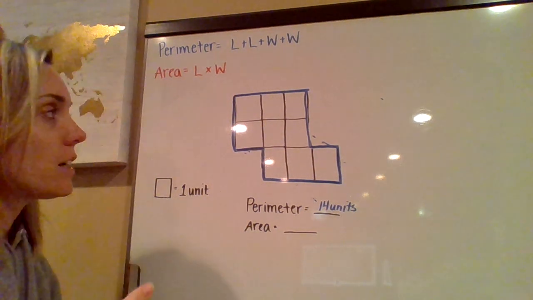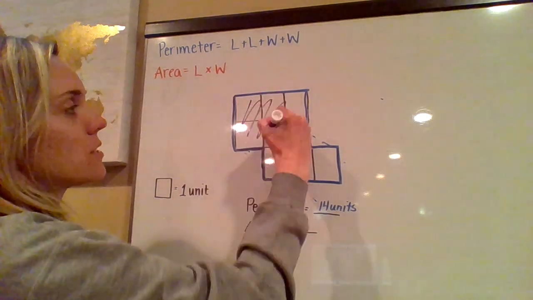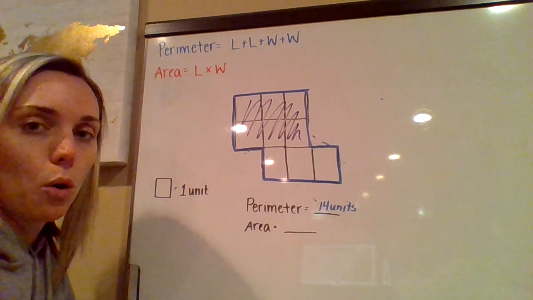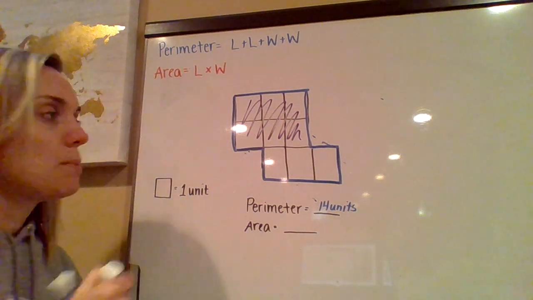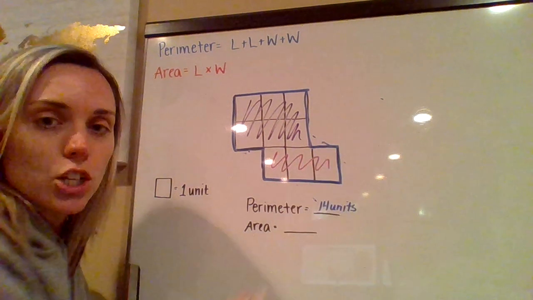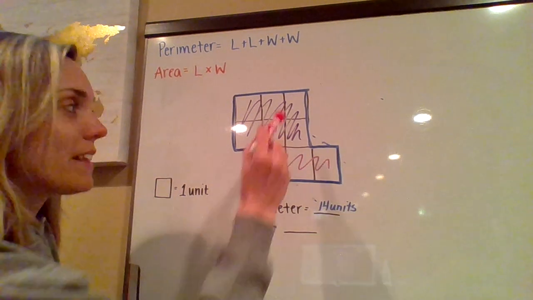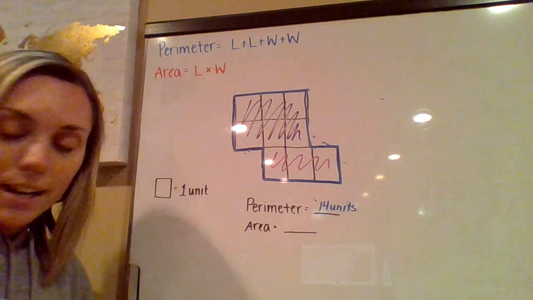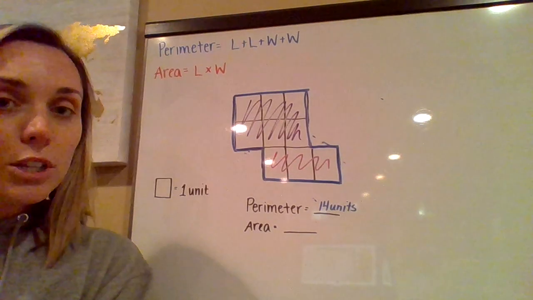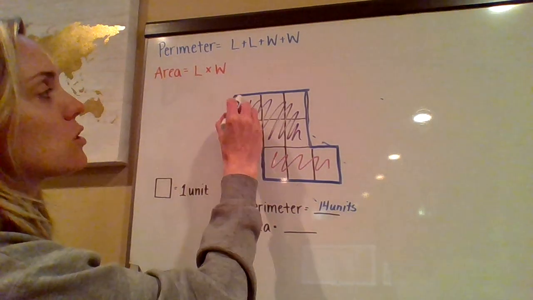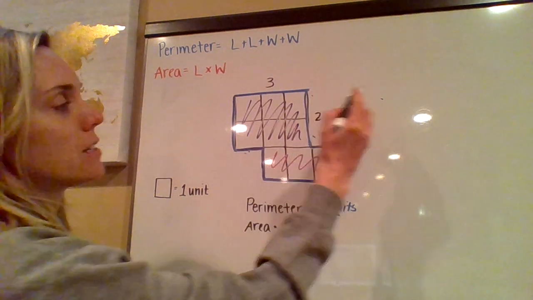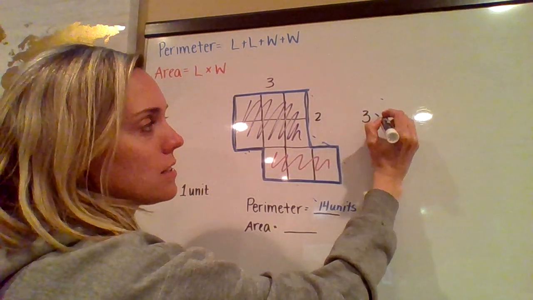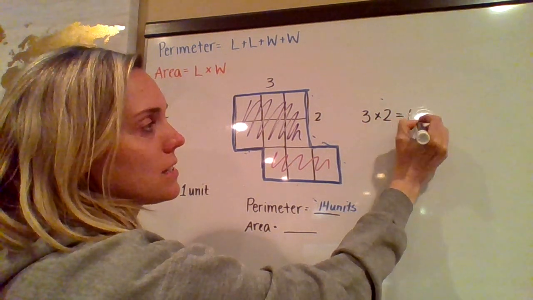So take a look. This is going to be rectangle number 1. And this is going to be rectangle number 2. Once we find the area for each, we would add that up to get our entire area. So that would look something like this. This is 1, 2, 3 units by 1, 2 units. And 3 times 2 is 6.